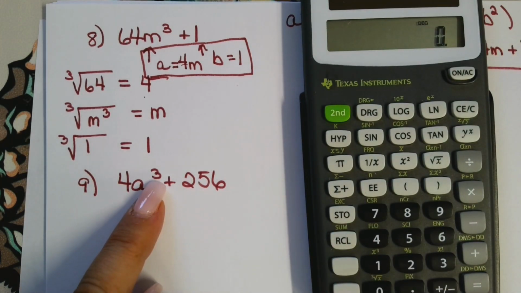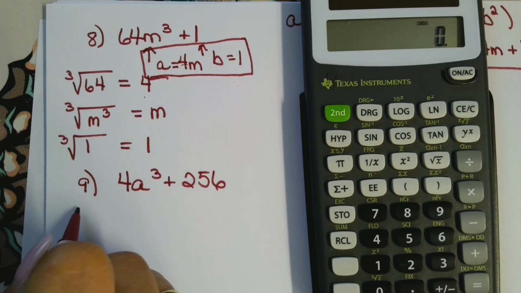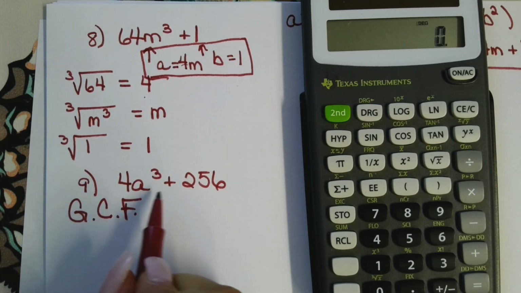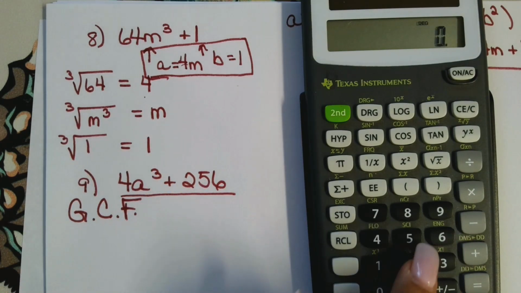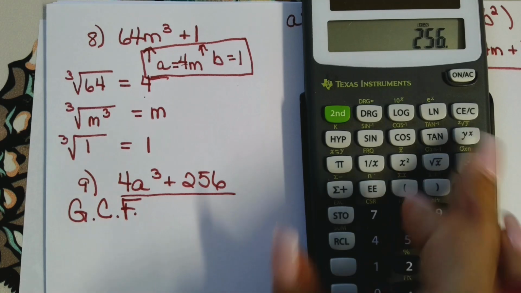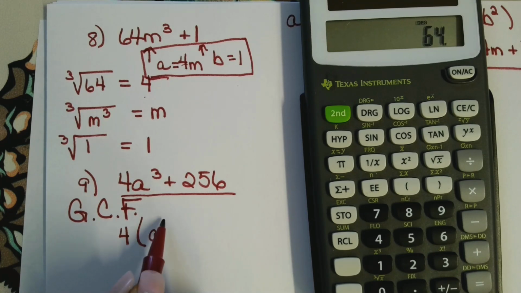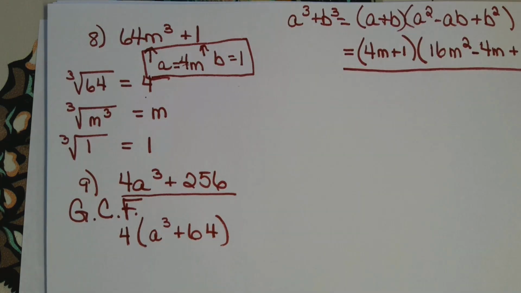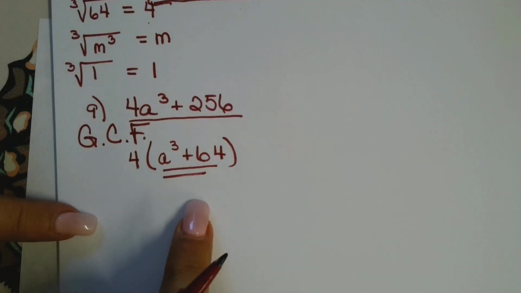So remember that whenever you're factoring, always look for the greatest common factor. Pull out the biggest factor between these two terms. 256 is divisible by 4, and it gives us 64. So I'm going to pull out a 4, and I'm left with a to the third plus 64. At this point, we do have the sum of perfect cubes.